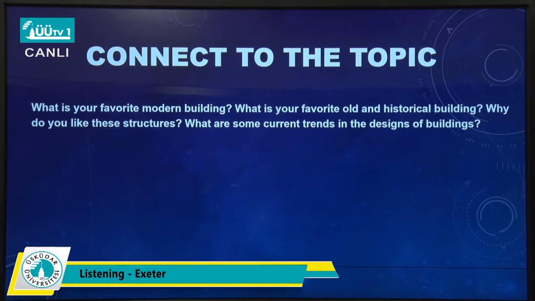I'm pretty sure that you do recognize a building or 2 that you really like. So let me ask you these questions. What is your favorite building? It can be modern and it can be old as well. And why do you like the structure of the building? And also, what are some current trends in the designs of buildings?